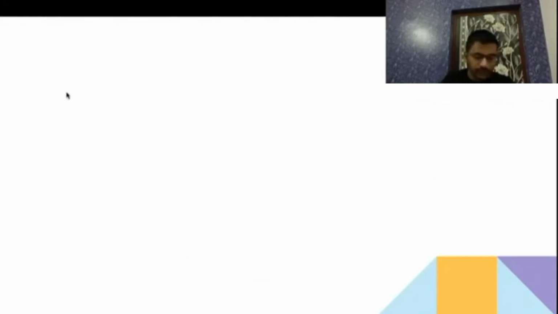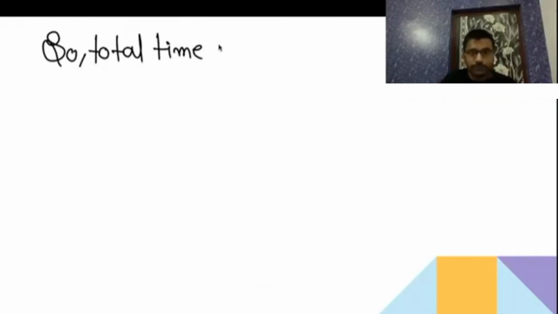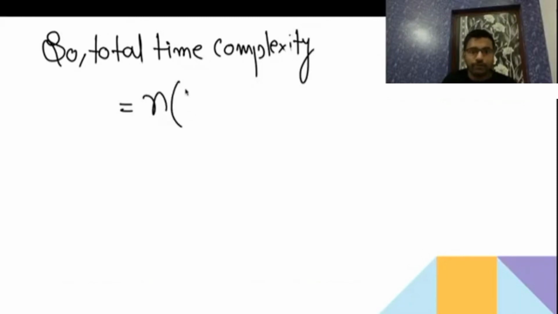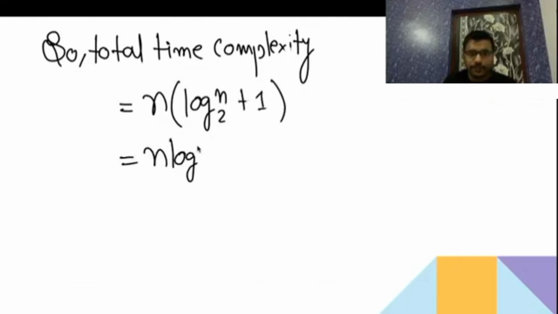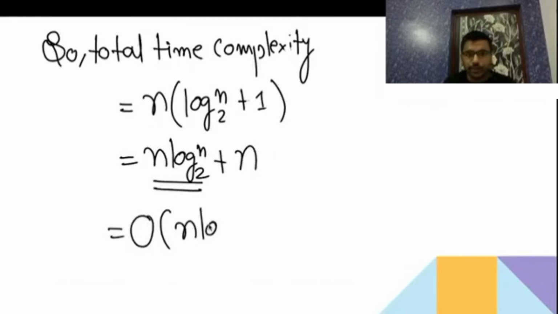Total time complexity is equal to n into log n base 2 plus 1, which is n log n base 2 plus n. The bigger term, n log n, is going to dominate this function. So the time complexity is going to be n log n.